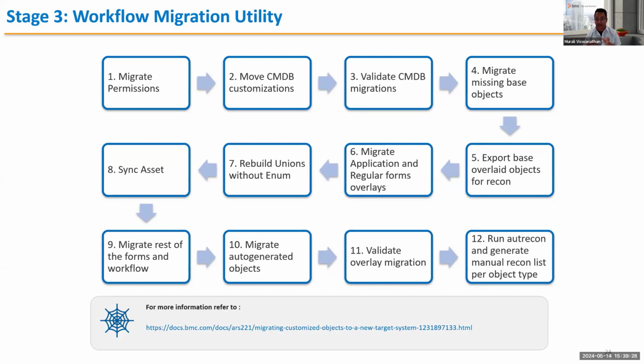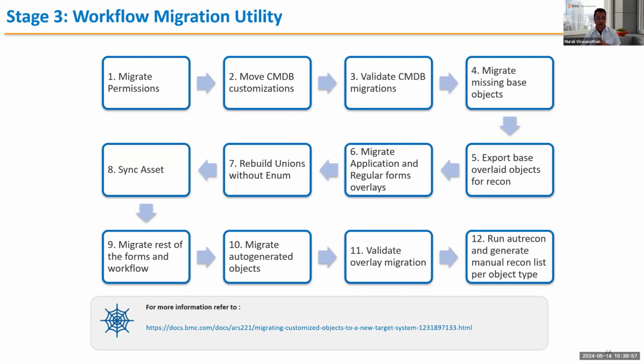In the past, when you did manual reconciliation, you might be forced to also fix the field we touched. With auto recon, if the field was not touched by you, but it's still an overlay, and there were changes made by BMC, we will auto reconcile that, which means you don't have to worry about that field anymore. That's basically what auto recon does for you.